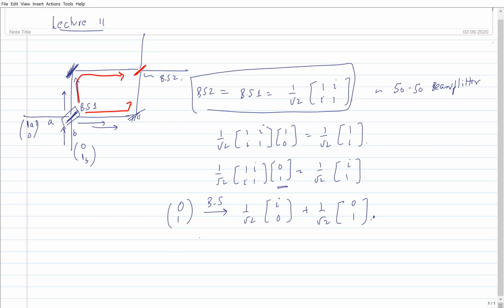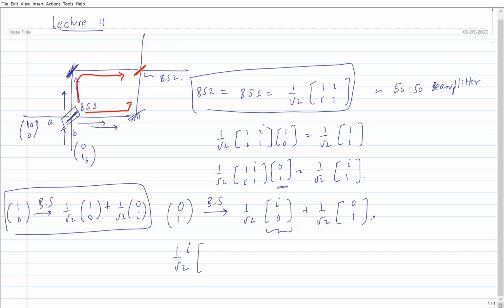So what does it do? This is 1 over root 2 times iota. Again, I'll apply the beam splitter on this state. So 1, 0 after the action of the beam splitter goes to this guy. Now I'm going to apply again the beam splitter on these two.